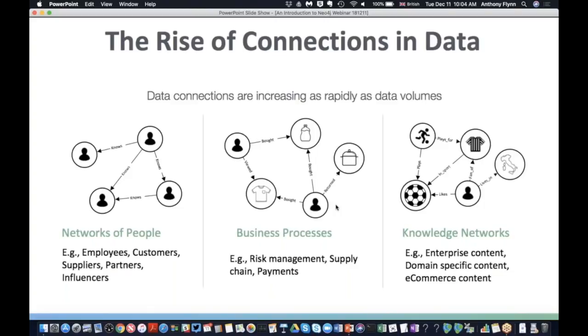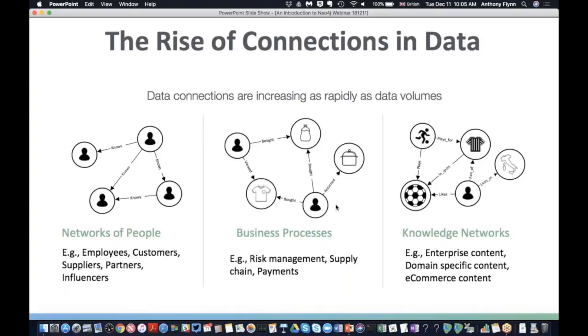And then on the right there, you have knowledge networks. So this is essentially being able to unlock the knowledge that's available across the business that may be tied up in different data silos. Things like knowledge graphs, things like understanding how your digital content is being used and how it can be made more available to people.